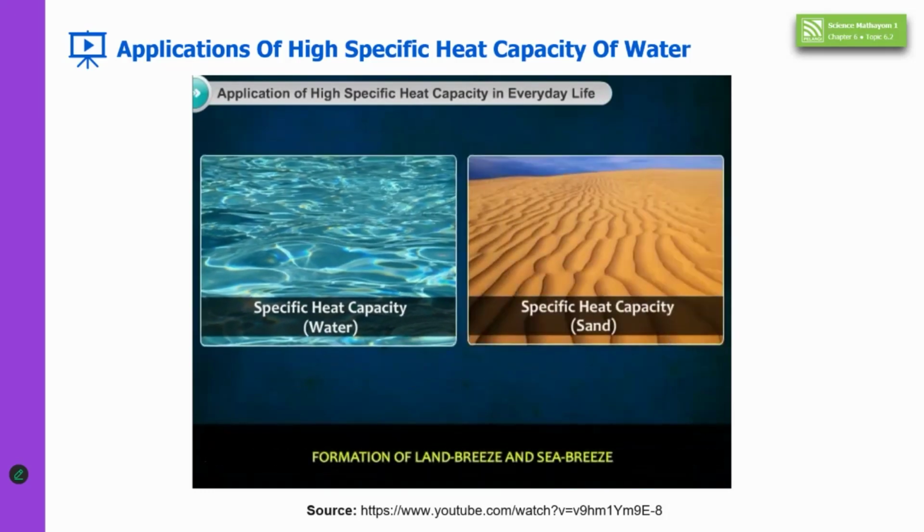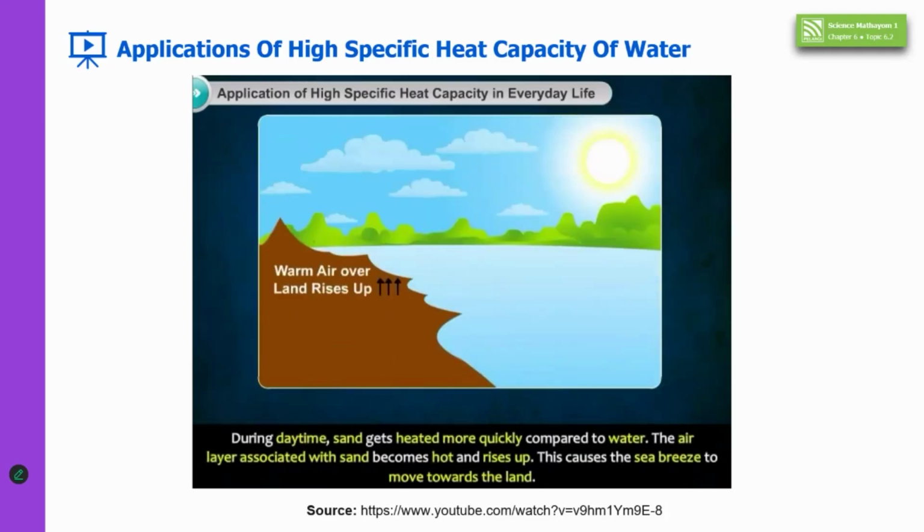Formation of land breeze and sea breeze. The specific heat capacity of water is about 5 times more than that of sand. During daytime, sand gets heated more quickly compared to water. The air layer associated with sand becomes hot and rises up.